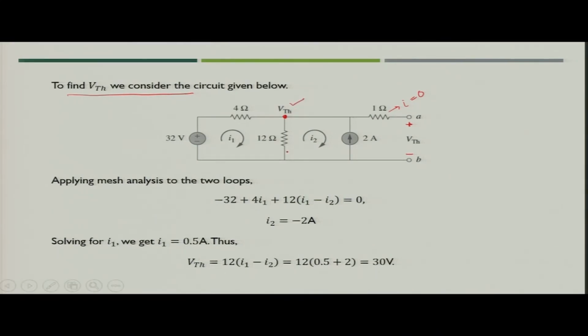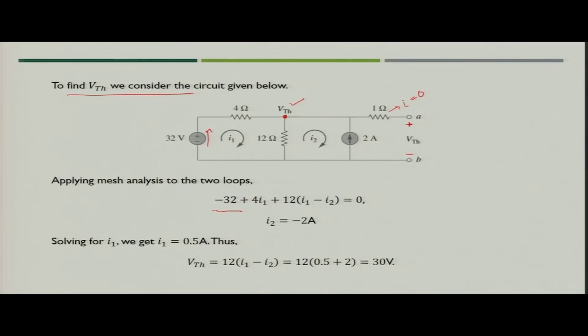Now, let us apply the mesh analysis for these two loops. For loop 1, when you apply the mesh analysis, what you will get? When you start from here, you will get minus 32 volt, because the mesh current is flowing from minus to plus.